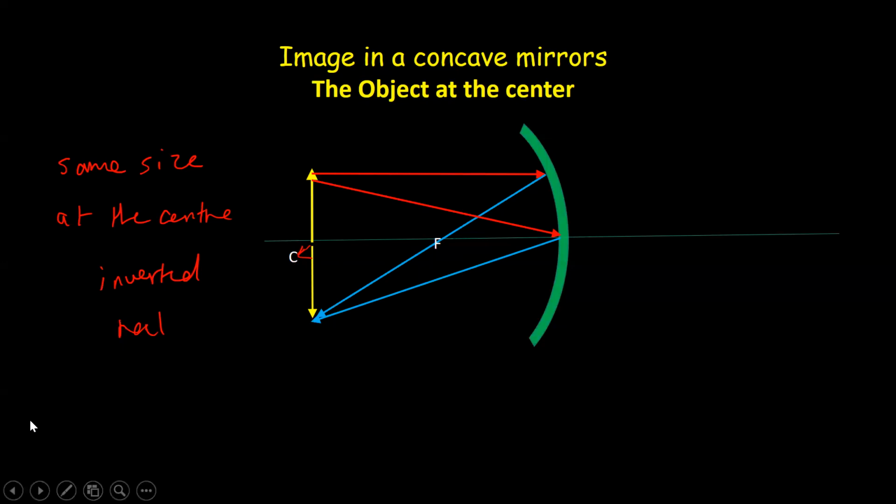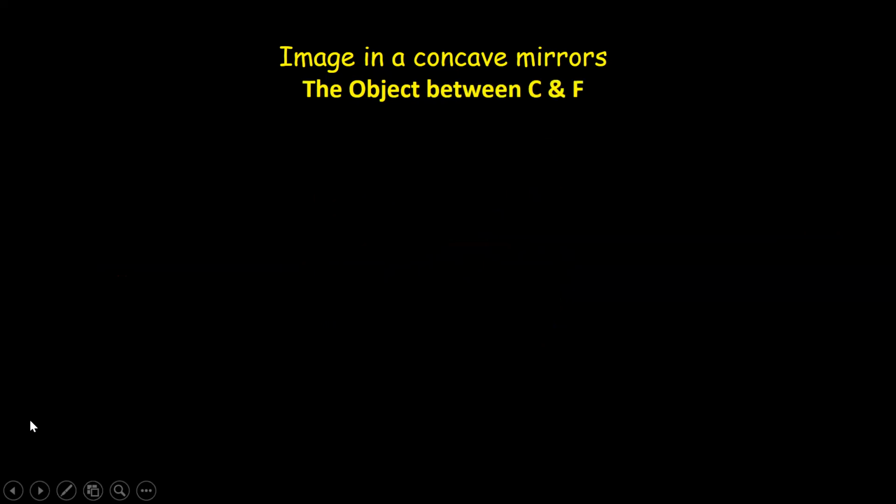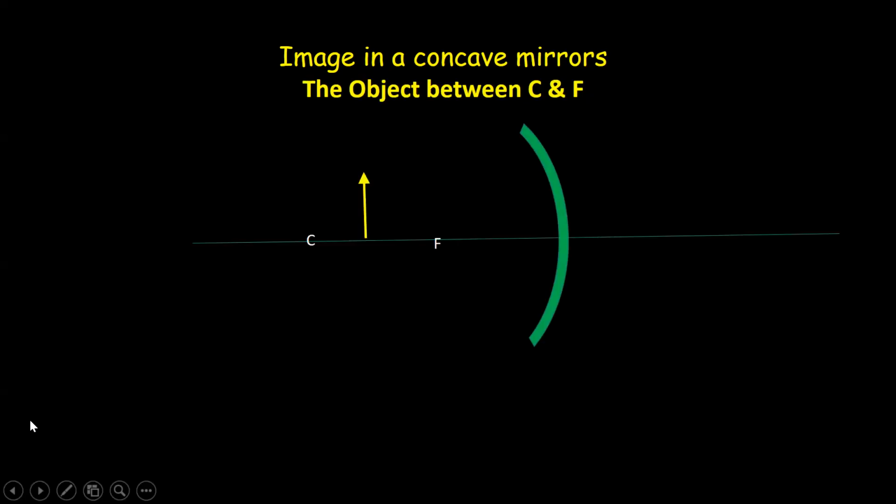Right now, let's move the object a little bit closer to the mirror. So we put the object between the center and the focal point. Again, same steps, and this is our object. So the incident ray parallel to the principal axis is reflected back so that it goes through the focal point.